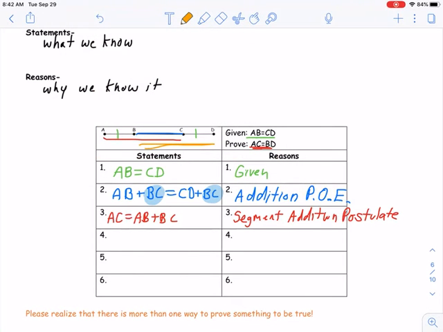That's a great way just to introduce BD, because I need it in my final punchline. BD is equal to BC plus CD in segment addition postulate.